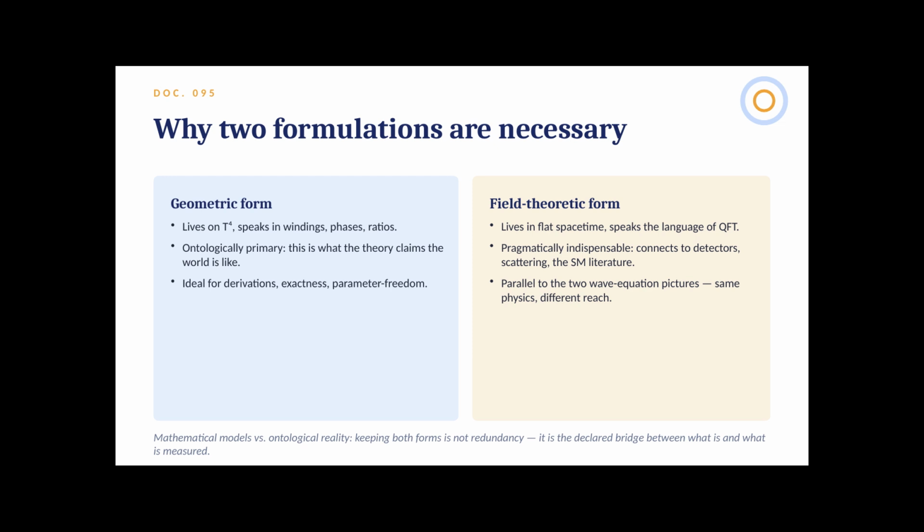The field theoretic form lives in flat space-time and speaks the language of quantum field theory. It's pragmatically indispensable. It's how you connect to detectors, scattering experiments, and the existing literature. Keeping both isn't redundancy. It's the declared bridge between what is and what gets measured.